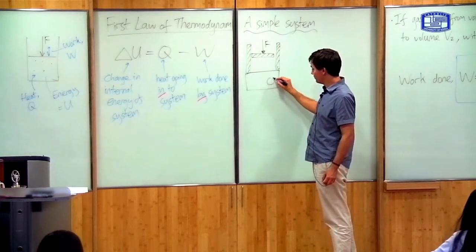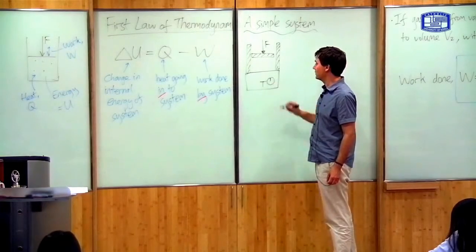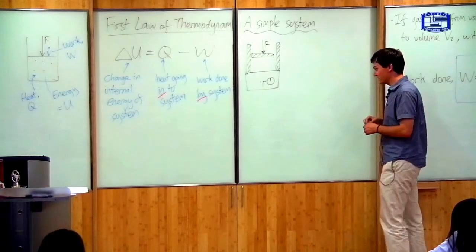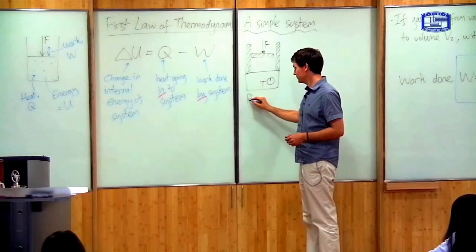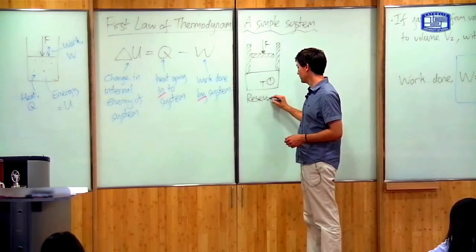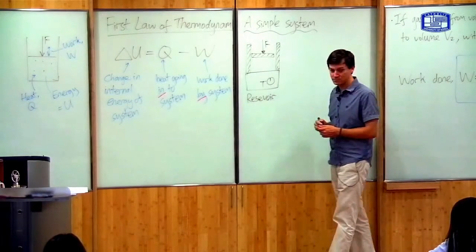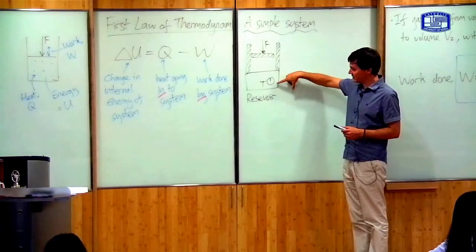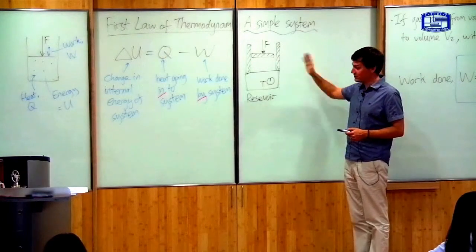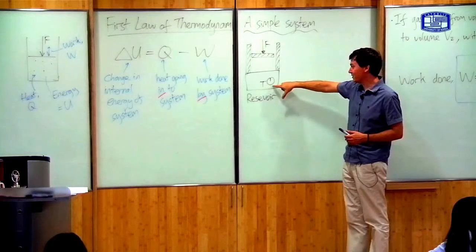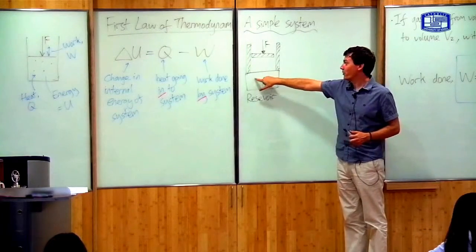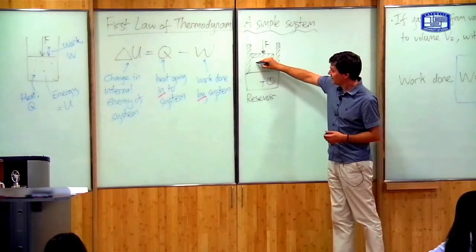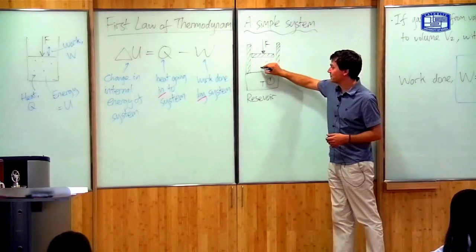And then I'm going to put this gas on something which is known as a reservoir, which just means that I can fix the temperature. So a reservoir means I can hold exactly constant the temperature of this box here, and thereby change the temperature of the gas.